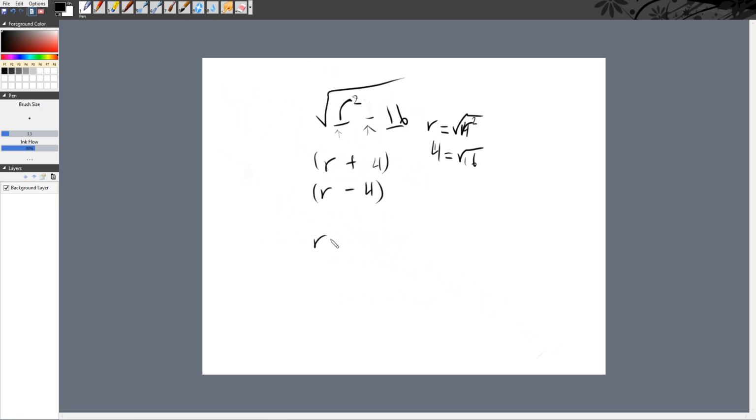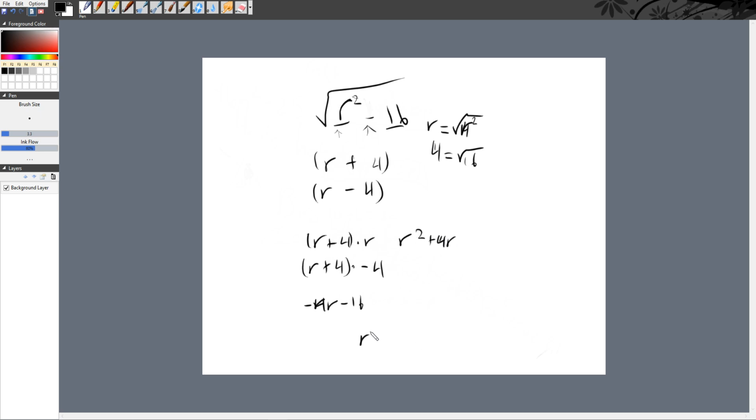because it's going to be r plus 4 times r, and then r plus 4 times negative 4. So you're going to get over here negative 4r minus 16, and you get over here r squared plus 4r.